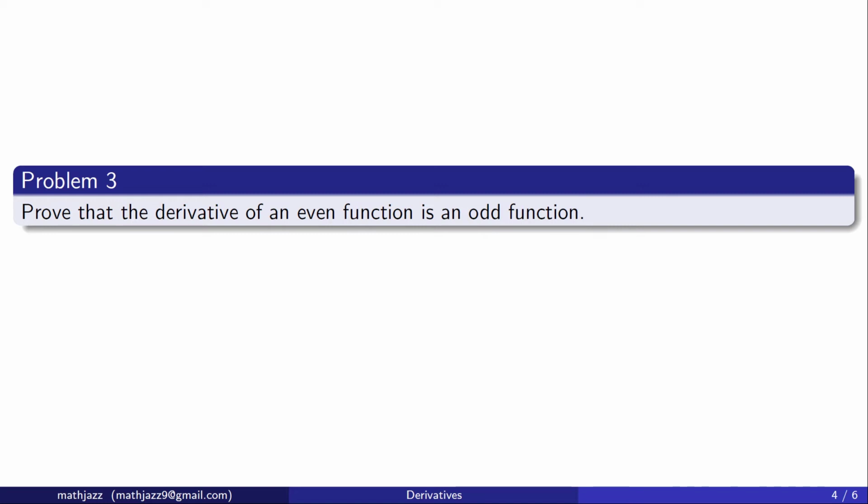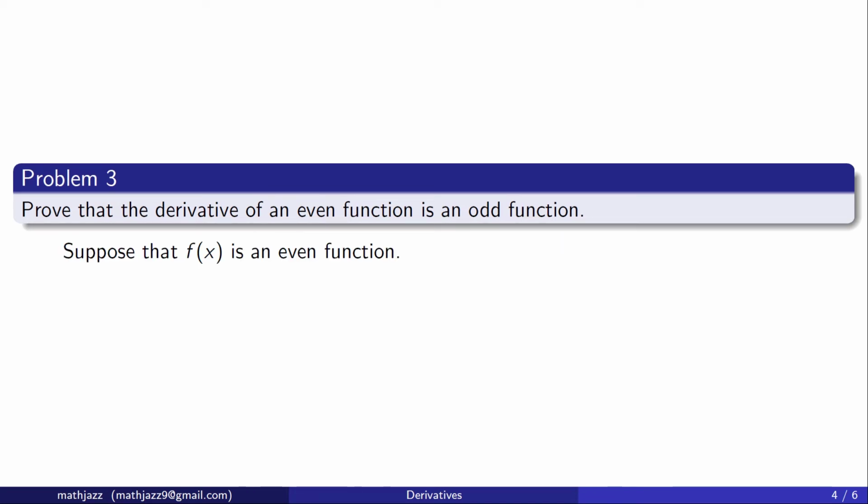So here comes the definition of an even function. If we let f be an even function, it has this property: plugging in a negative x does not change the function. f of x is equal to f of negative x. The definition of an odd function is similar.